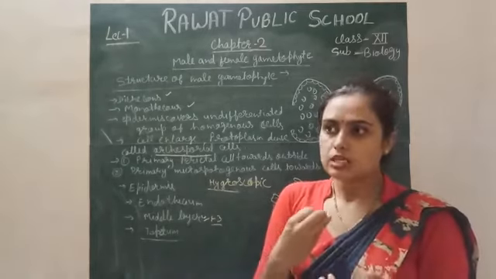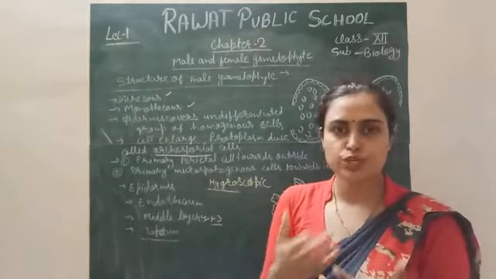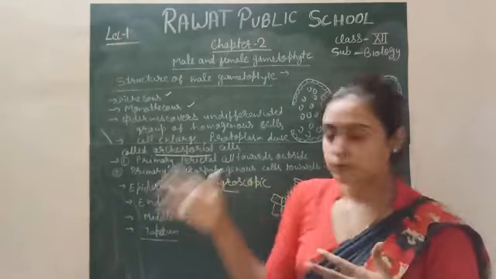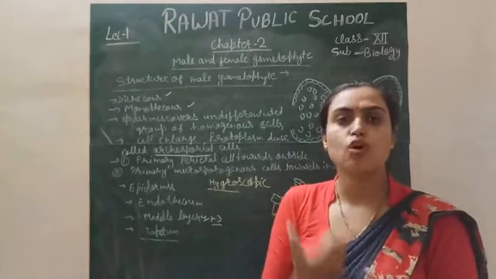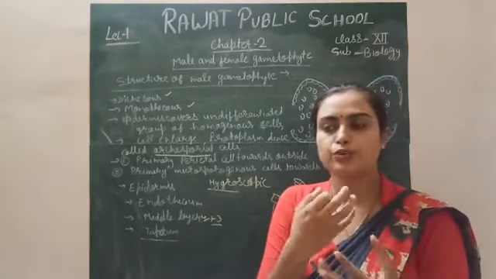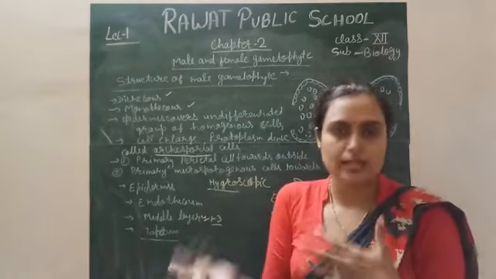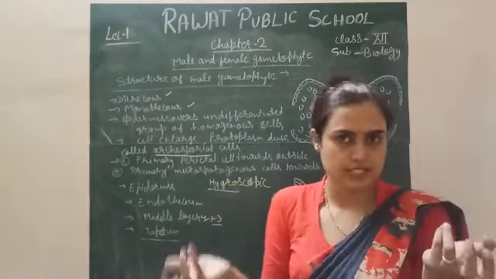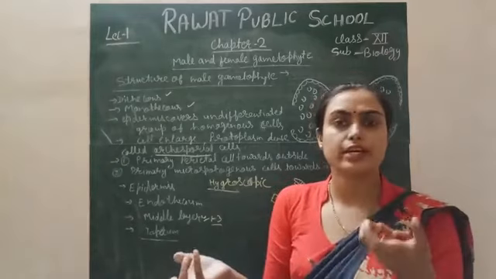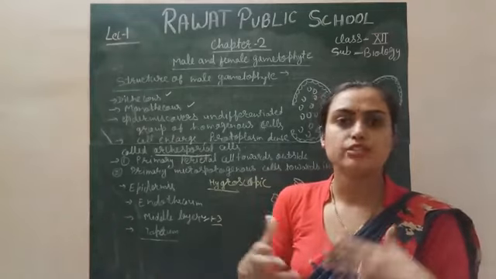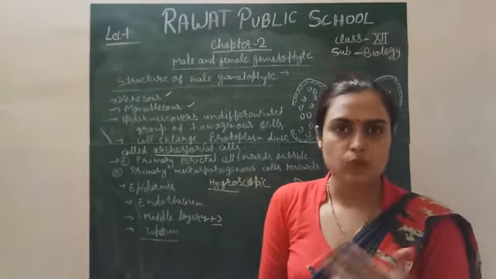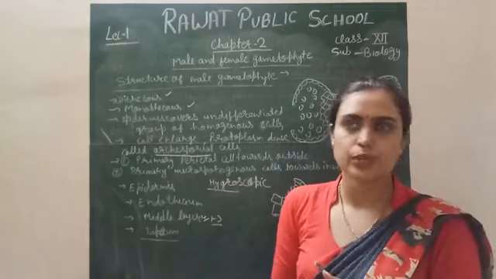It means if some waste material needs to go out from the microsporangia, it also functions for that. It has two types of cell, amoeboid cell and secretory cell. Amoeboid cells generally help remove waste material from the microsporangia, and secretory cells generally secrete substances according to the requirement.